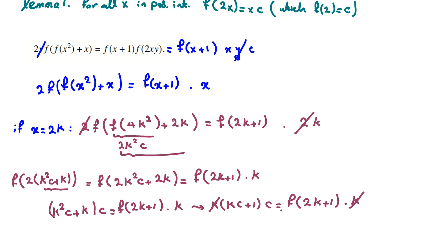So we've reached that f of 2k plus 1 is what? Now in next step. And here, sorry, we had xc, I forgot c here. So we have c here, c here, c here, and c here. You can cancel also this c. And we've reached f of 2k plus 1 equal to kc plus 1.